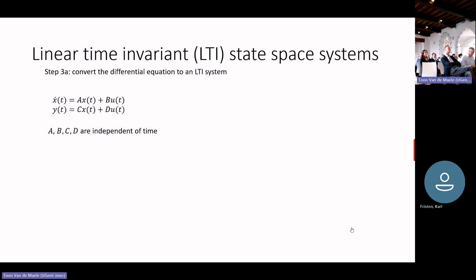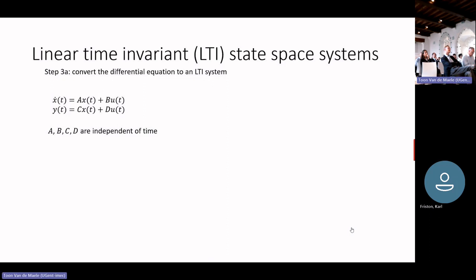And here A, B, C, D are independent of time. So if you can take a differential equation and get to this form right here, then you're saving a lot of effort inside the controller design.